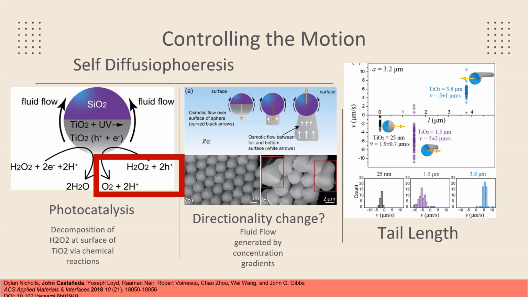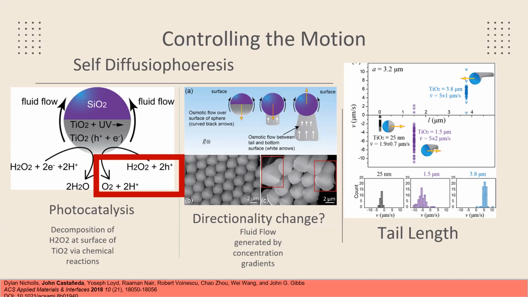So we're going from tail first to head first. Rather than going tail first, like it was originally with a little bit of titanium dioxide, by coating more or depositing more, we're able to change that directionality. But by coating more, we're changing that velocity as well as the direction that these guys are moving.